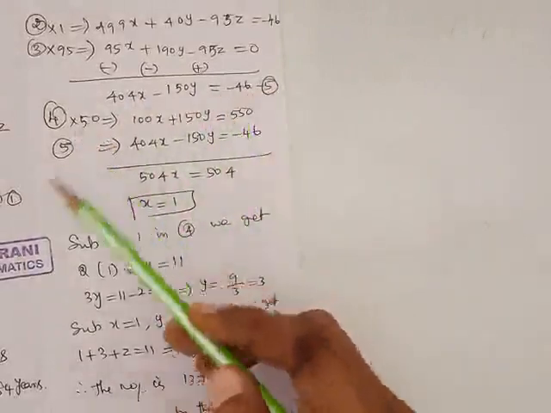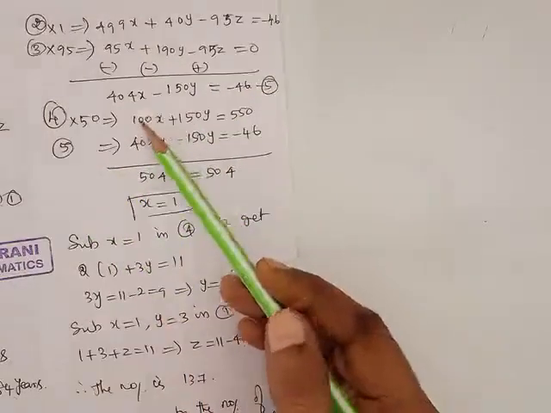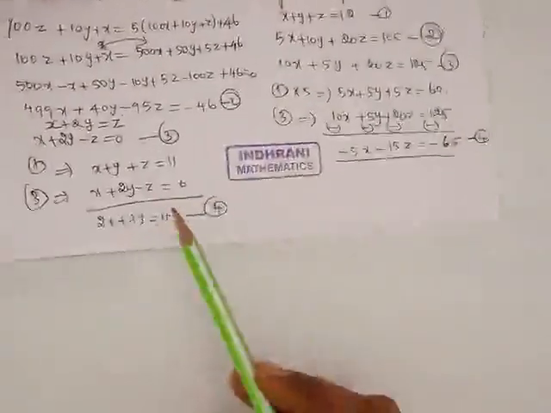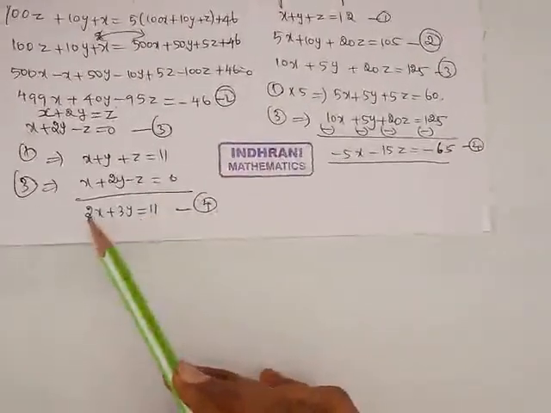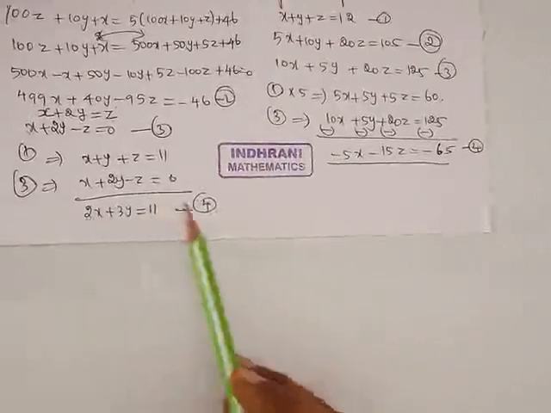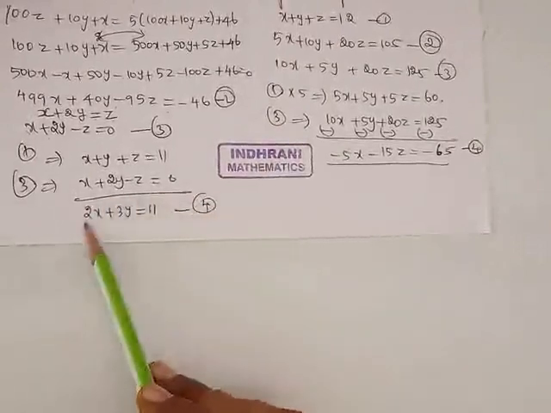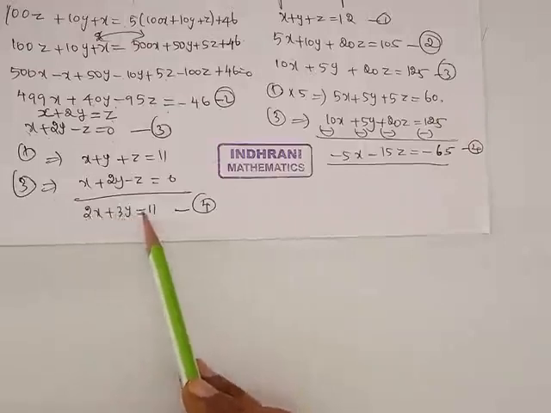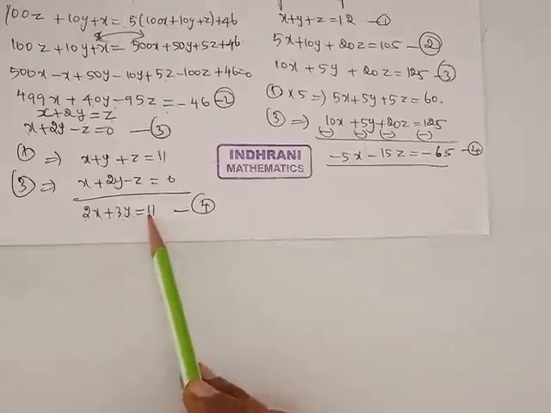So I am going to multiply one of them to make the coefficients equal. I am multiplying equation number 4 by 50. 50 into 2 is 100x, plus 50 into 3 is 150y, equal to 50 into 11, which is 550.